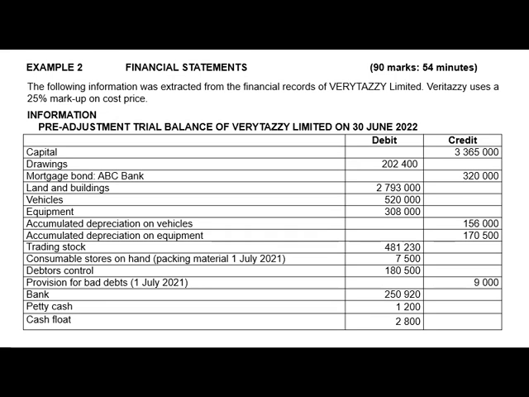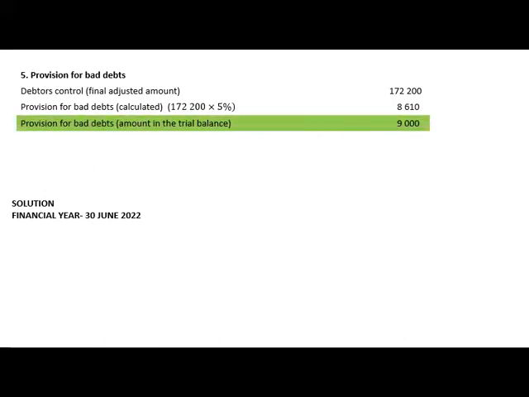And when we compare it to what is being calculated, you will notice the one that we calculated is lower than the one that is in the pre-adjustment trial balance. And when that is the case, it means that the difference will be income. Okay, so why is it income? It is because the one that is already recorded, we need to take it down.